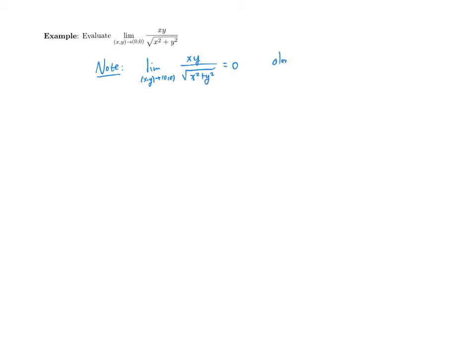A few paths you might try would be the x-axis, so think y equals 0, the y-axis, i.e. x equals 0, y equals x, y equals x squared, or you might say, what about x equals y squared? Along all of those paths, you will end up getting that this limit is 0.